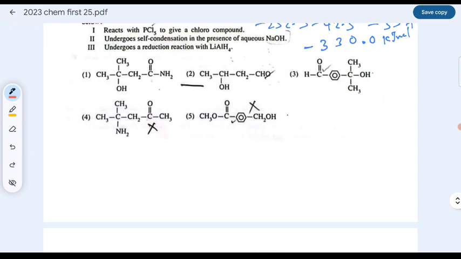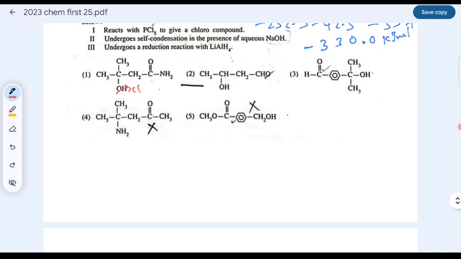Reacts with PCl5, first one. This one reacts with PCl5 and gives Cl. Then undergoes self-condensation in the presence of aqueous sodium hydroxide. It should have an aldehyde or ketone, right? But you can't see an aldehyde or ketone in the first one, right?